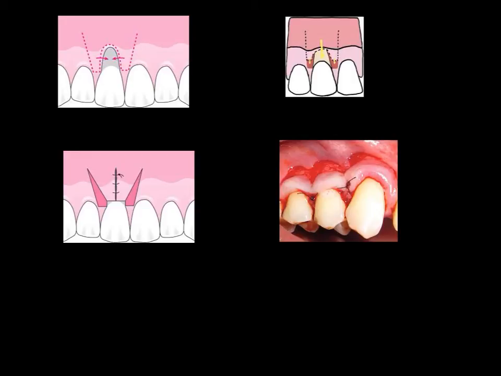Split thickness flaps of the papillae on either side of the recession defect, with a vertical relieving incision on the distal line angle of the tooth in front and the mesial line angle of the tooth behind, should be raised. Here and here.